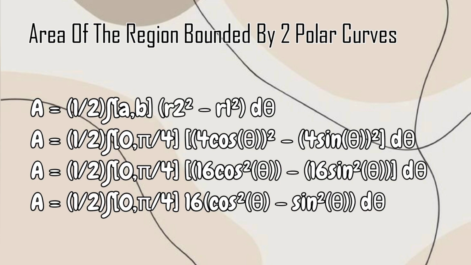We factor 16 out, so 16 times cosine squared theta minus sine squared theta d theta.